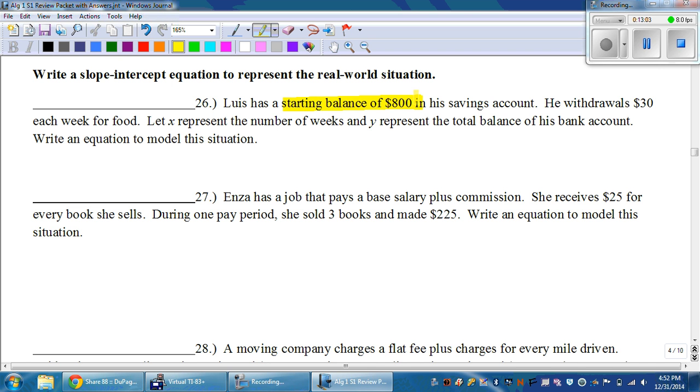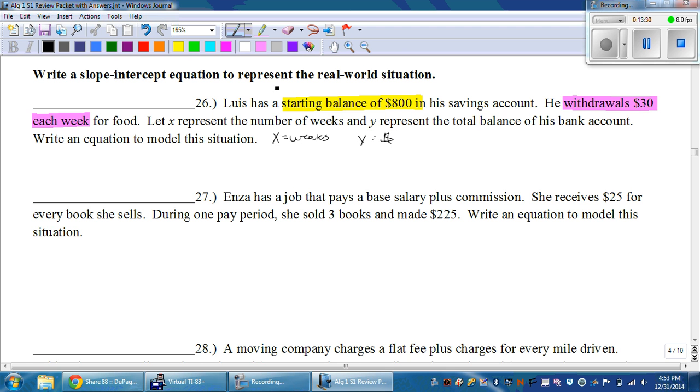He withdraws $30 each week for food. Let x represent the number of weeks and y represent the total balance of his bank account. So that's always important to know that x equals the weeks and that y equals his money in the bank account.